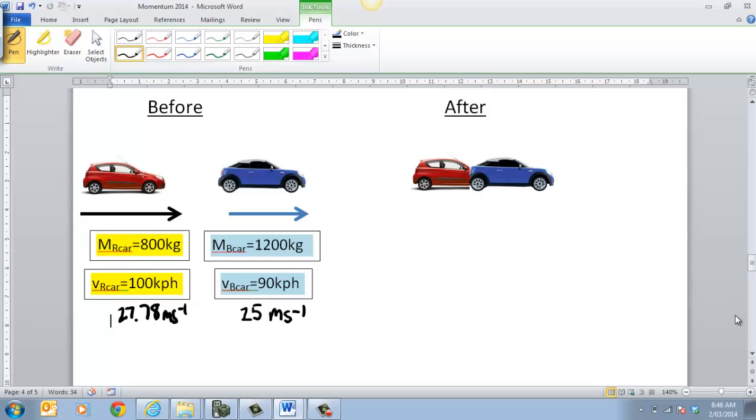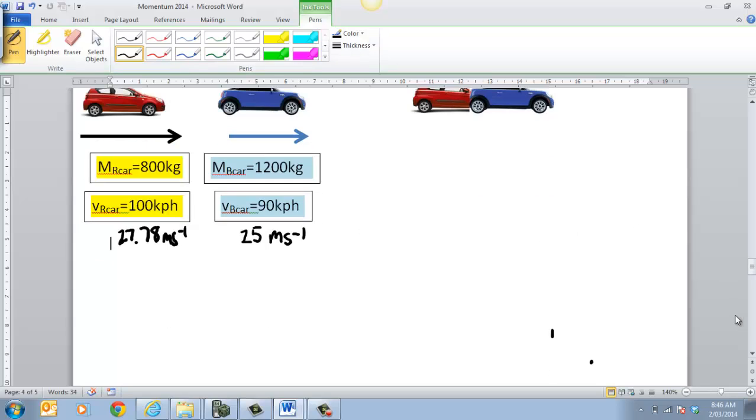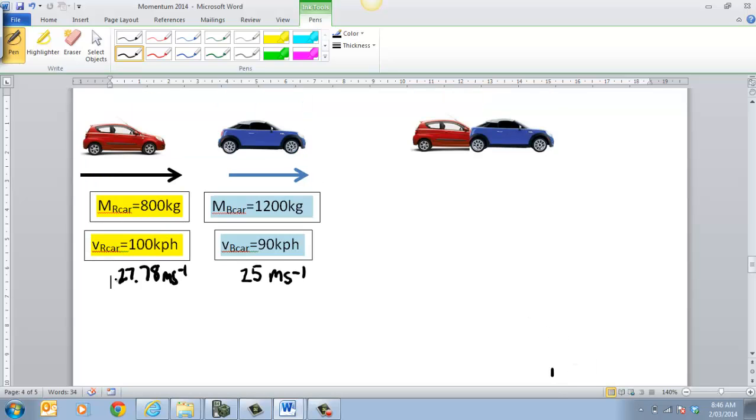You don't have to do it vectorially; I'm going to do it mathematically today. This is probably good setting out: the initial momentum is equal to the momentum of the red car plus the momentum of the blue car.